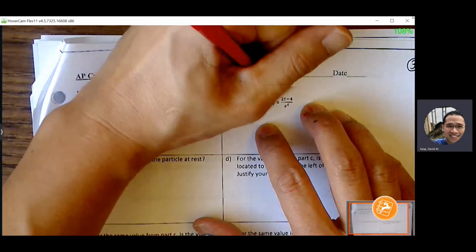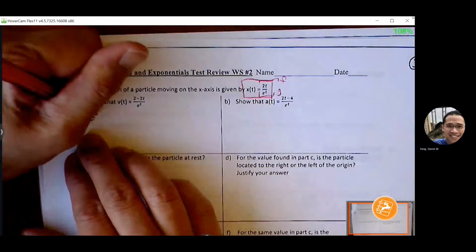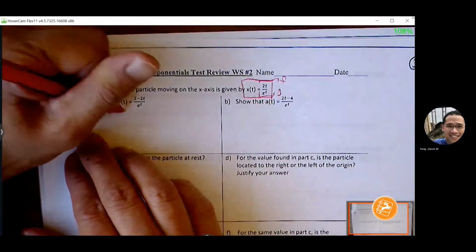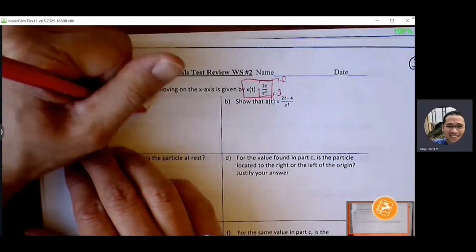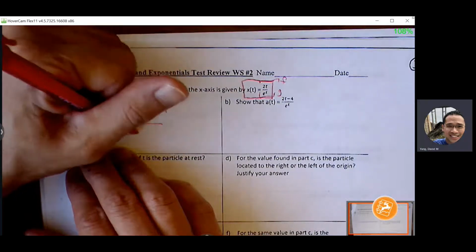There's my f function, there's my g function, f prime g minus f g prime, all over g squared.